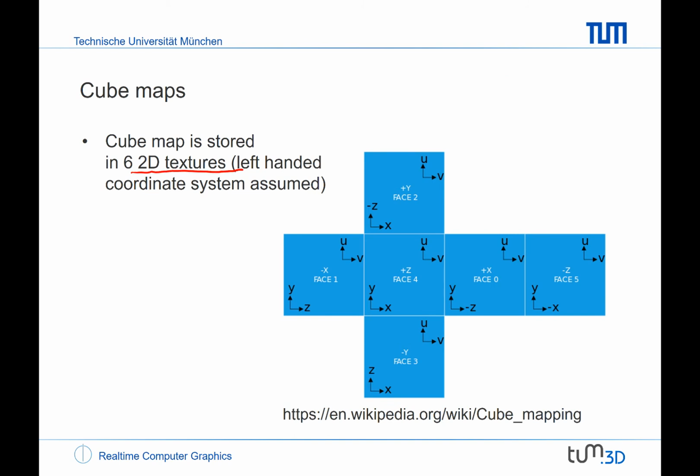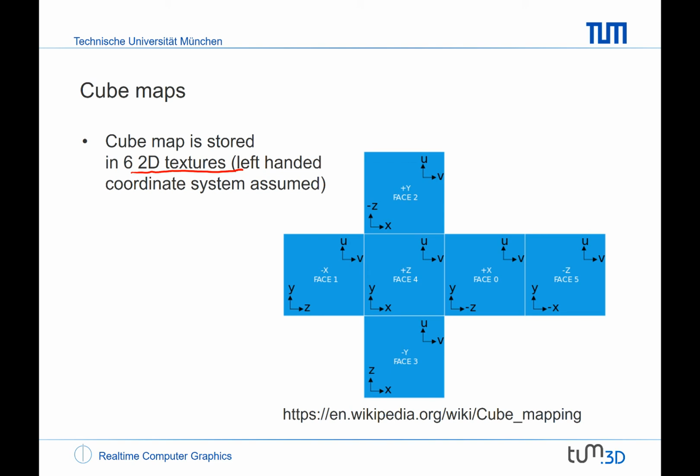Here we use a left-handed coordinate system, with the thumb going up, the pointer pointing into the screen, and the middle finger pointing to the right, indicating the X coordinate axis, the thumb pointing upward indicating the Y coordinate axis, and the pointer pointing into the wall indicating the positive Z direction.